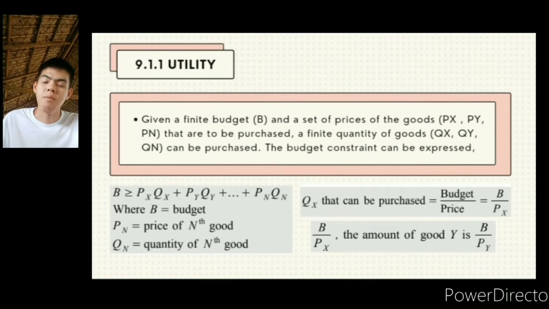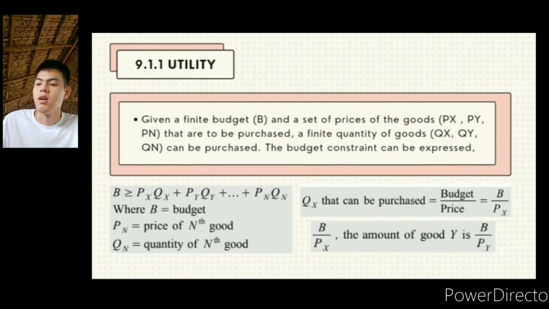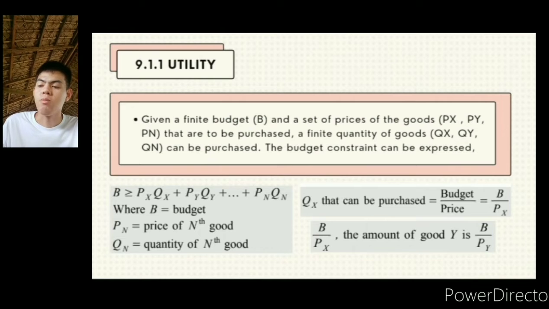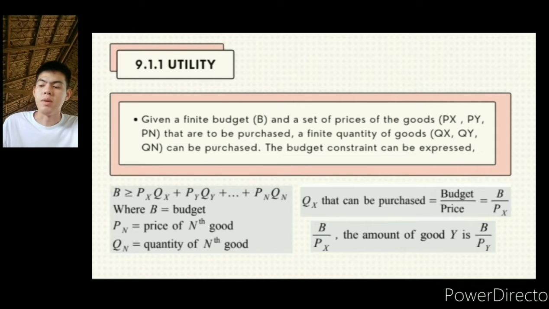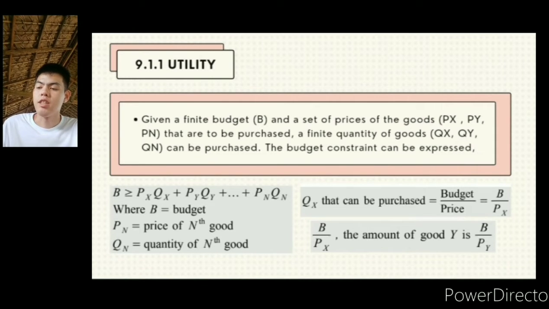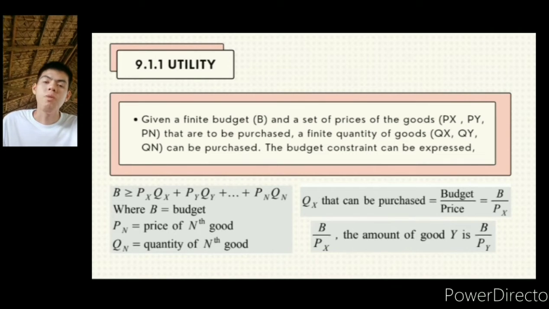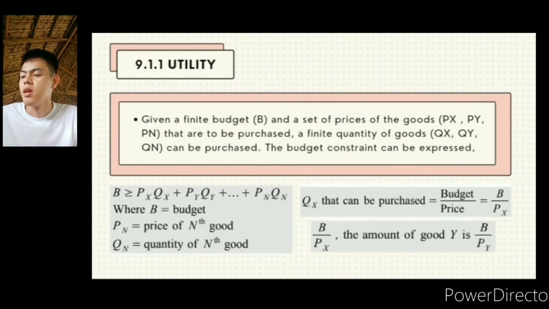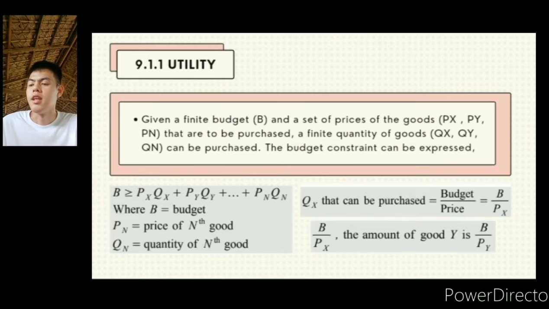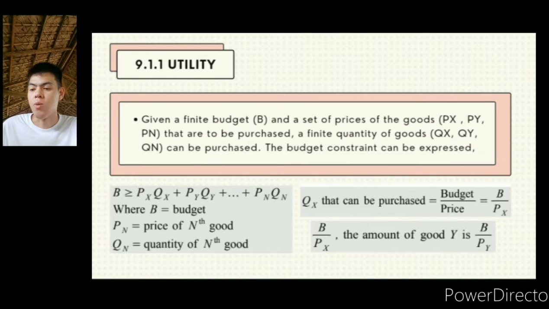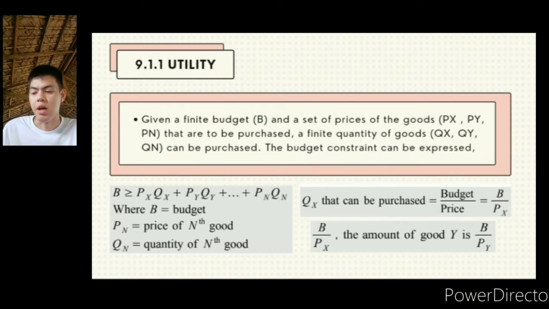At dito sa budget constraint ay nagtatakda ng limitadong budget or lagyan ng limit and a set of prices of the goods that are to be purchased. Kumbaga, bibili ka ng goods na naayon dun sa itinakda na presyo para dun sa limitadong budget.